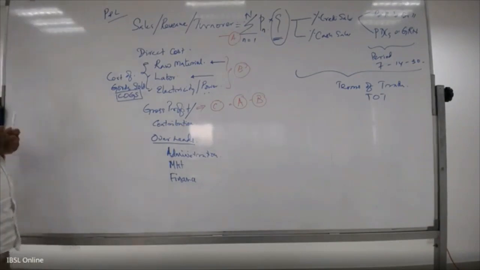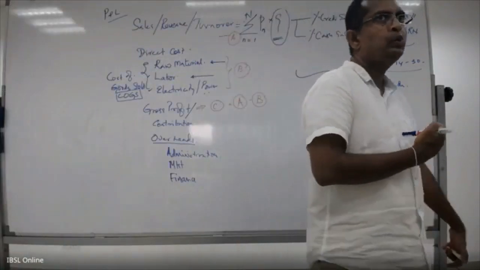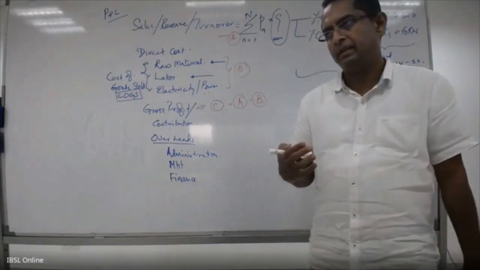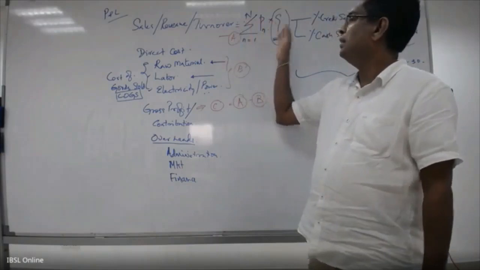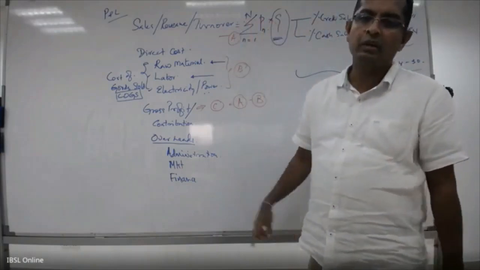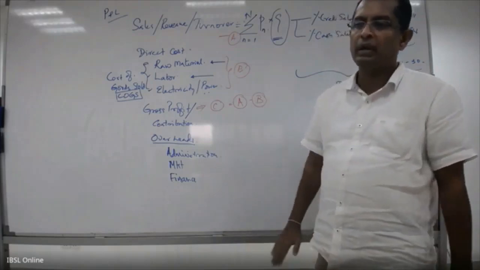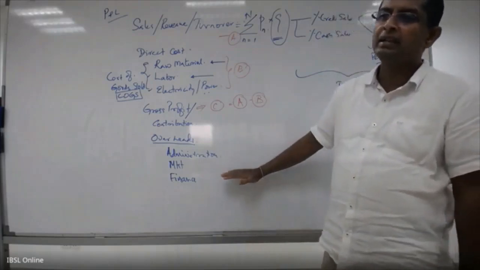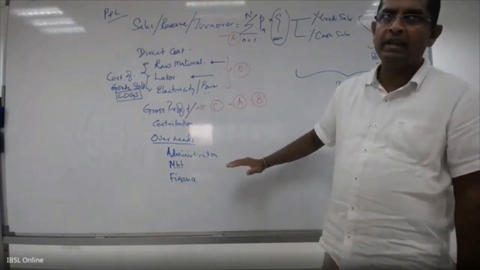Right? Any expenditure we do to maintain the business which does not change due to the quantity you sell is an administrative overhead, like general manager's salary or factory manager's salary.